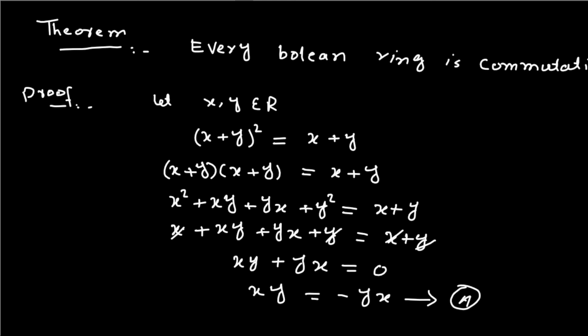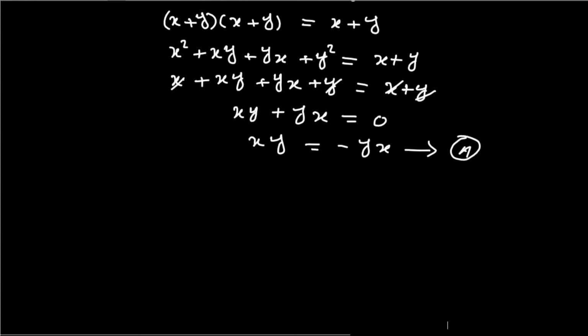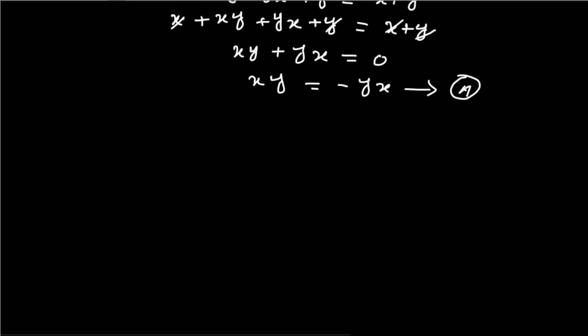Okay, so suppose this equation is A. But we want to prove that xy is equal to yx, not minus yx. So actually we want to remove the minus from here. When we remove the minus, it will be xy is equal to yx, which means our target has been obtained. So now we know that x square is equal to x, and minus x square is equal to minus x by the definition of Boolean ring.